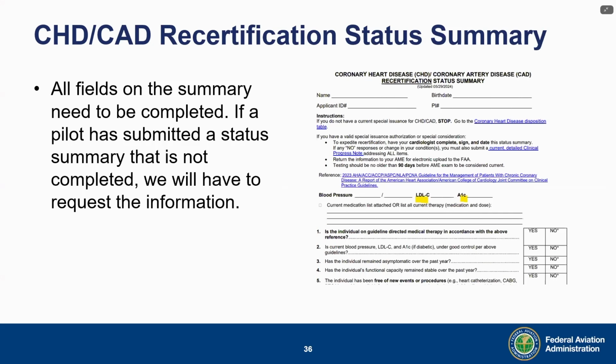And so when we don't have that information, we will have to write back out and ask the pilot to gather that. So if you do see these, make sure the pilot has had their provider fill these out completely.